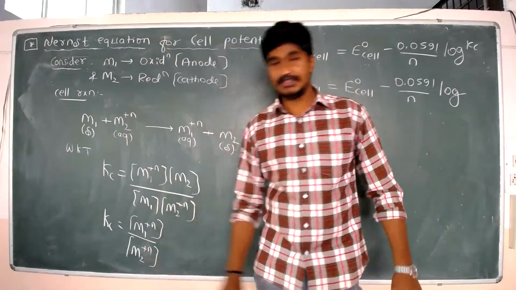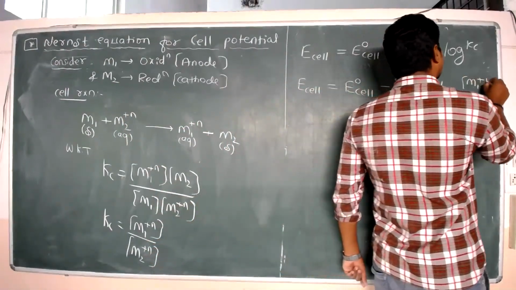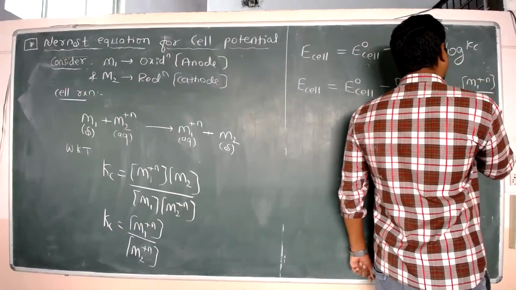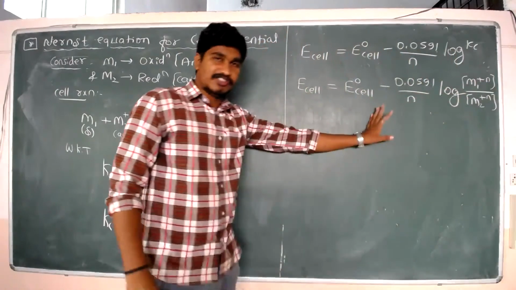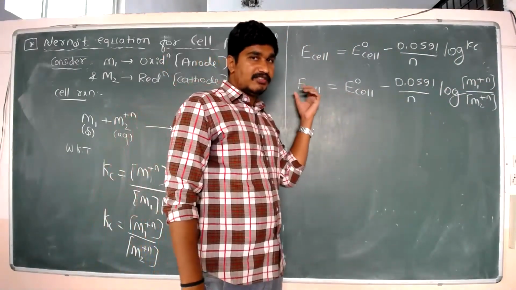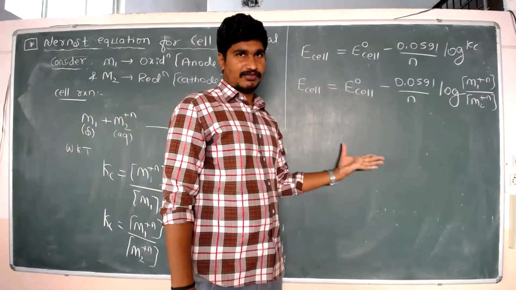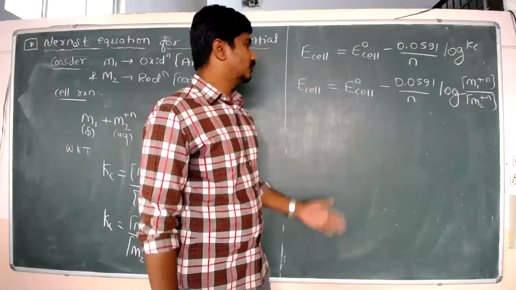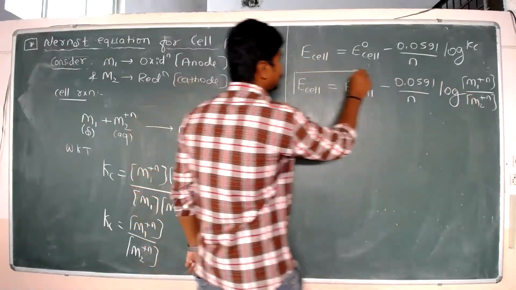By using this Nernst equation, you can calculate the electrode potential of the given cell at any concentration of the solutions.